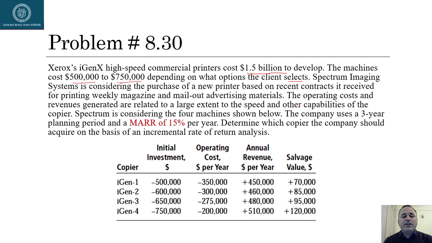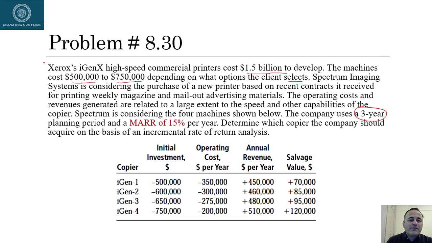The operating cost and the revenue generated are related to a large extent to the speed and other capabilities of the copier. Spectrum is considering the 4 machines shown below. The company uses a 3-year planning period and an MARR of 15% per year. Determine which copier the company should acquire on the basis of an incremental rate of return analysis.